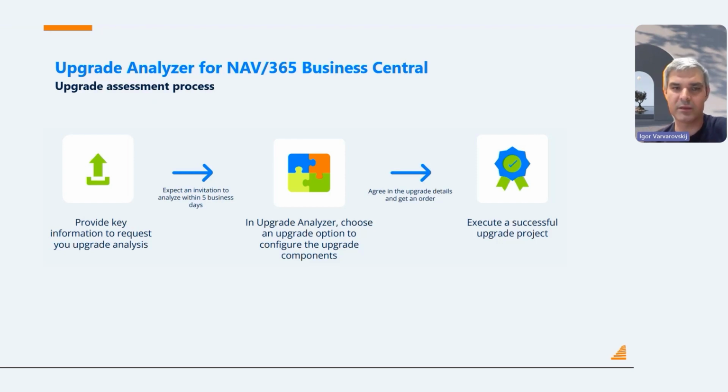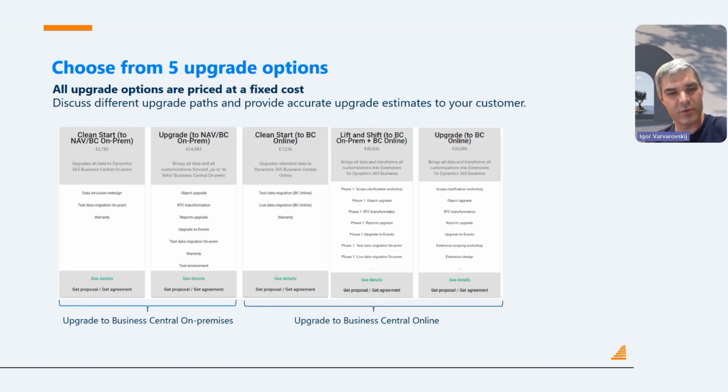It is a live session on how to use our upgrade analyzer tool. If you are planning to do an upgrade for your customer with our upgrade analyzer, the assessment process is quite straightforward, easy and configurable. You just provide your main information, basically the FOB and a database, and you can choose from up to 5 upgrade options, depending on whether you are going on premises or to SaaS.